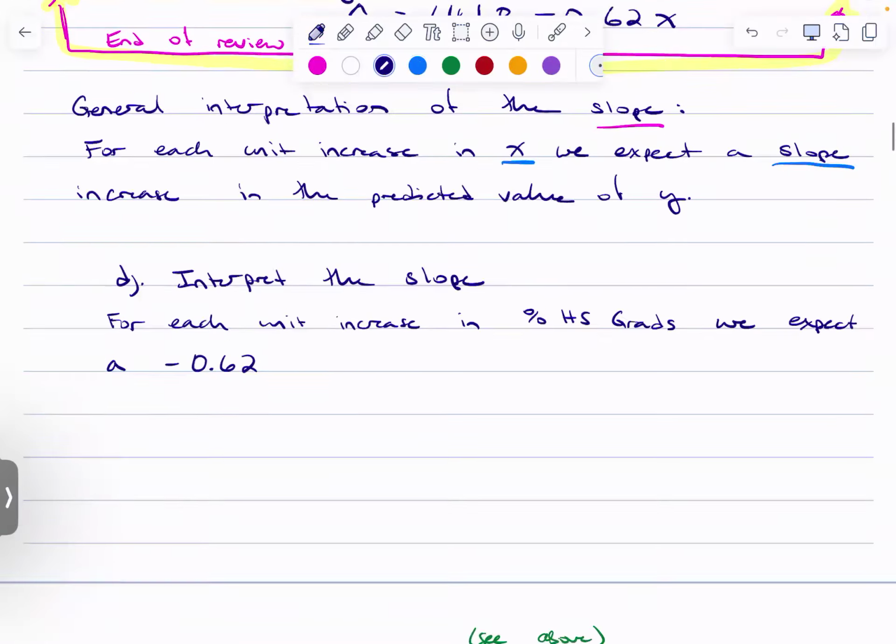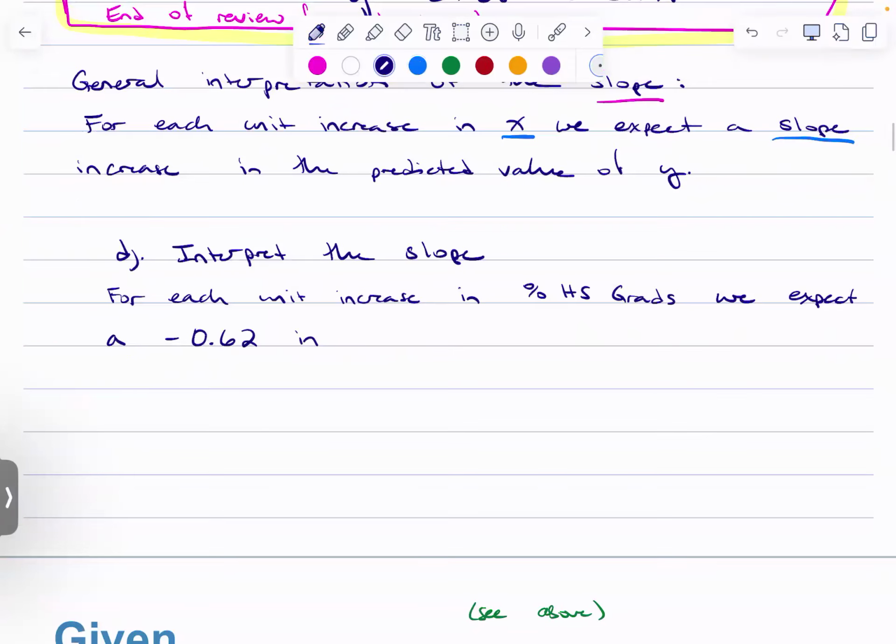Okay, and so increase, or let's say unit increase maybe, in the predicted percentage in poverty.